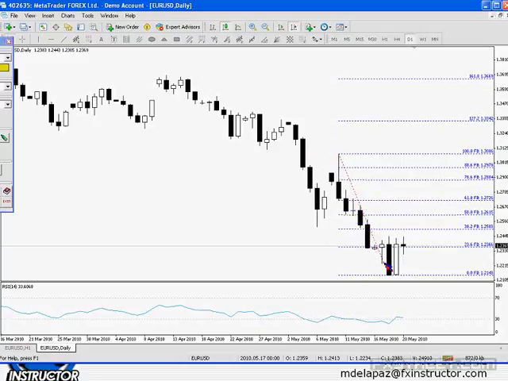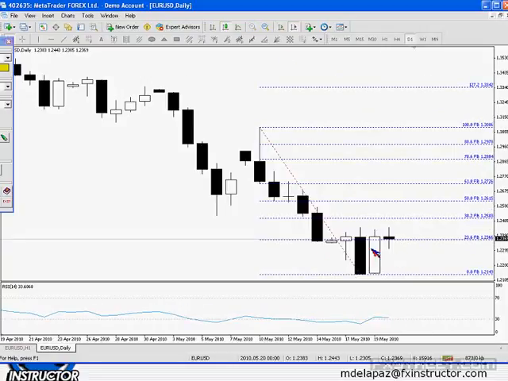And what is this chart telling me? Well, we managed to close above 23.6 with retracement. So I should be looking for a potential bounce still. I actually started out having a bullish bias in euro today.